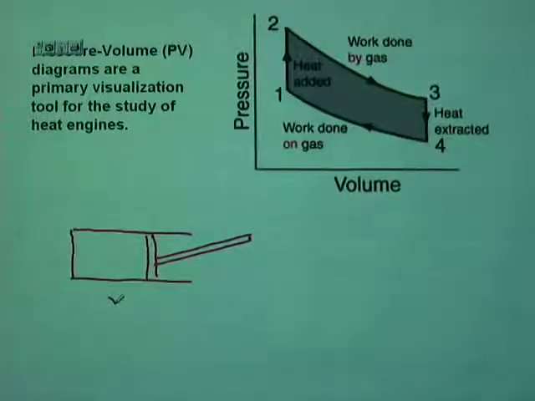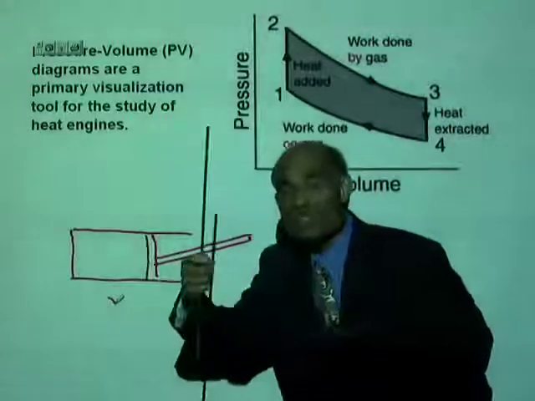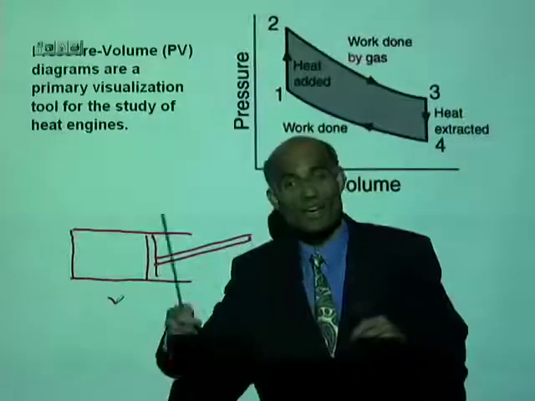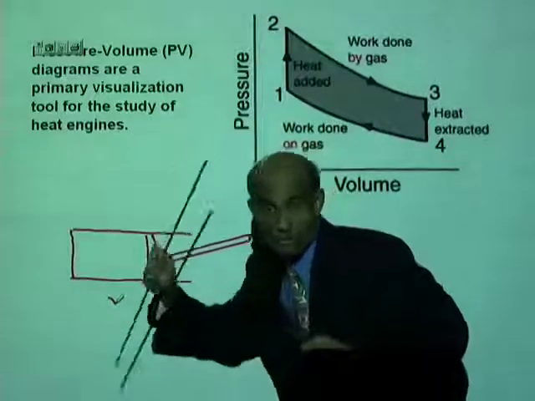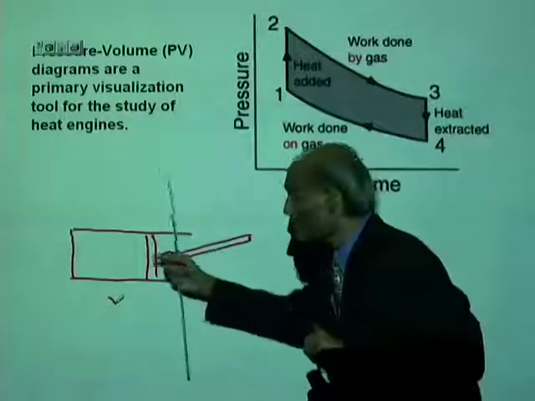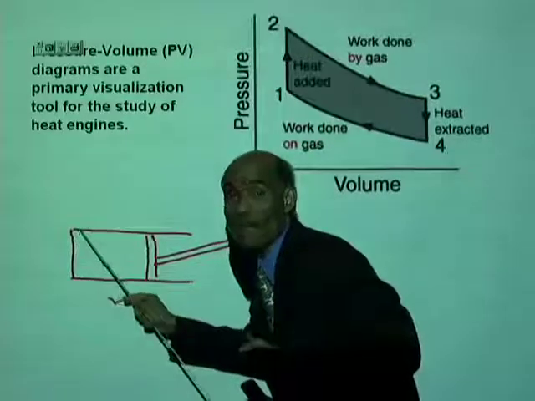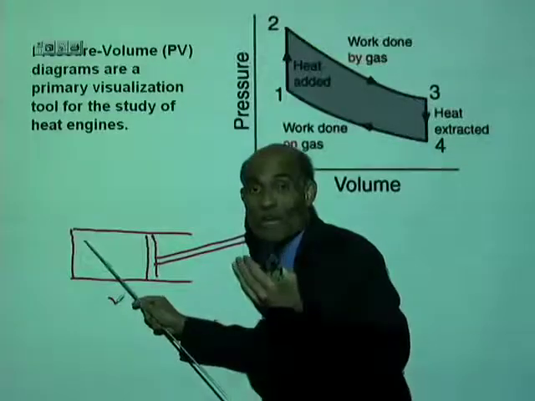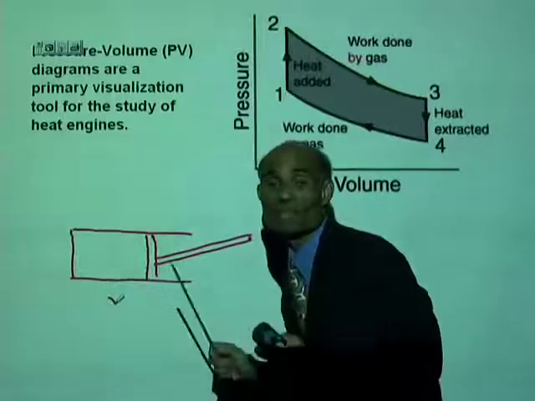Now, to make your engine start, you need to supply some extra external energy, and that is what the battery is for. So, when your battery first starts your car, the piston is pulled back. When the piston is pulled back, a valve will open and fuel will spray. Fuel, of course, mixture of fuel and air will spray into the cylinder.